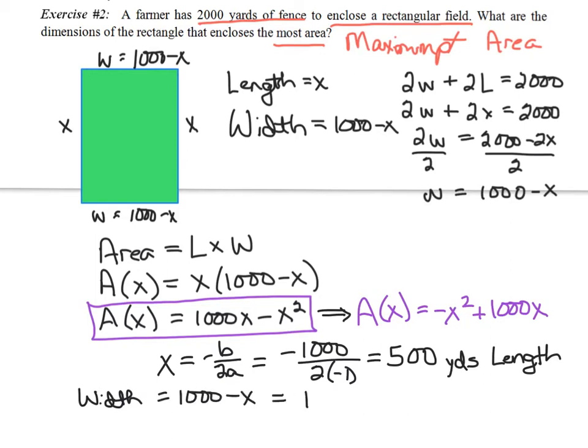So that's going to be 1,000 minus 500, which also gives me an answer of 500. Isn't that interesting? What we're finding then is that the field that makes a maximum area happens to turn out to be a square field this time. So think about that. We'll see some more examples of this in class.